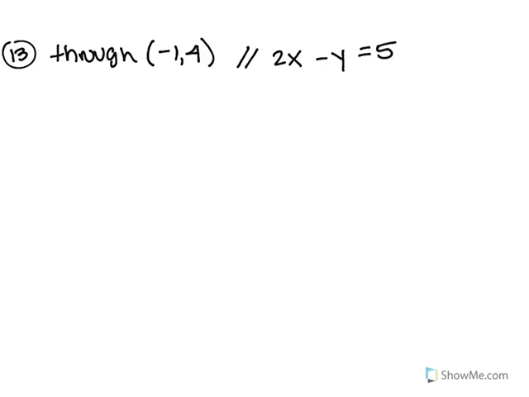Number 13. Let's write the equation that's going through the point negative 1, positive 4, and it's parallel to 2x minus y equals 5.